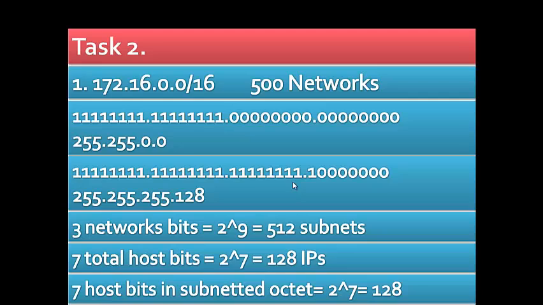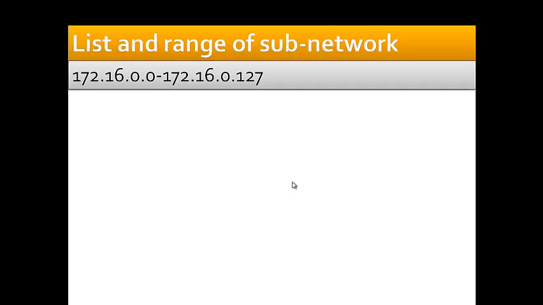Now define the list and range of the subnetworks. The very first is 172.16.0.0 to 172.16.0, with no change up to the third octet. At the fourth octet we focus on the number of host bits, which is 7, and the range is 128. So we go from 0 to 127, a total of 128, the very first network.